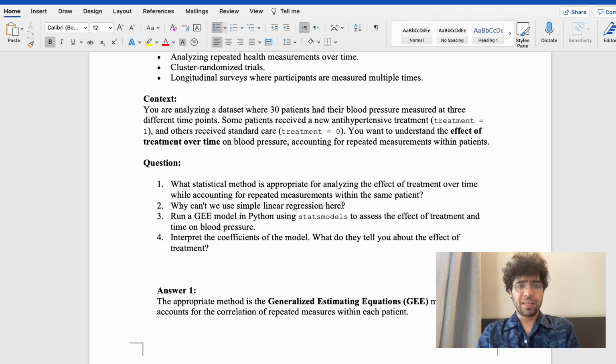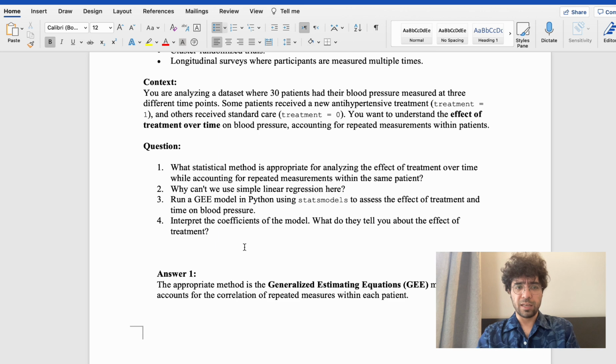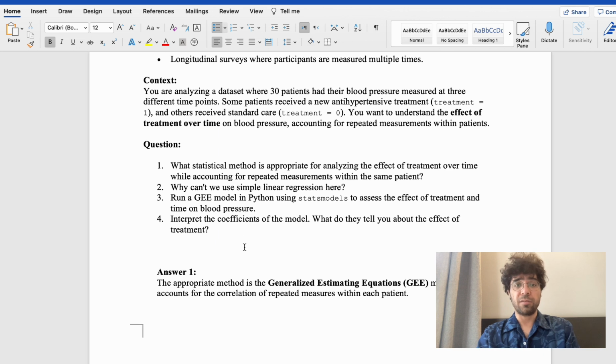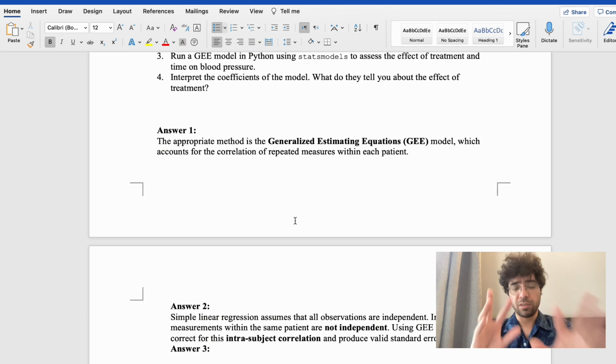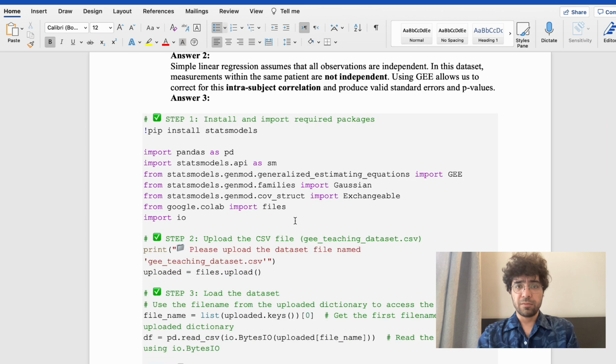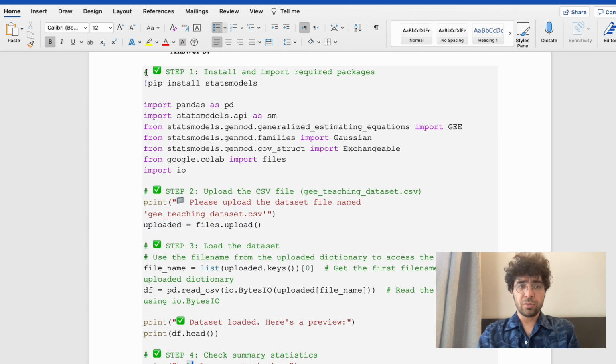We cannot use simple linear regression, but you should be ready to answer why we cannot use this, and run a GEE model in Python using statsmodels. We should be able to interpret the coefficients of the model, what they tell us, and how to interpret all the results that we get from this model.